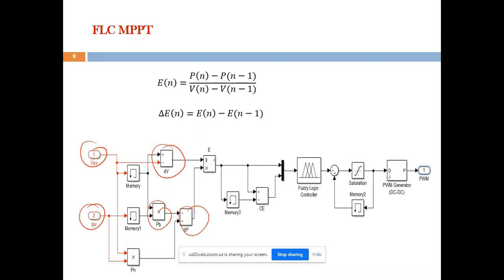With the help of a Z delay, we have calculated the dP and dV ratio. Then the change in error is taken with a delay. So error and change in error are connected to the fuzzy logic controller, and its output is given to the PWM generator. The error is nothing but the present value of power minus the previous value of power, with respect to voltages.